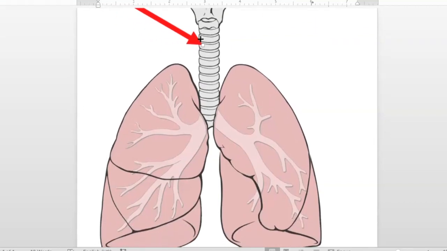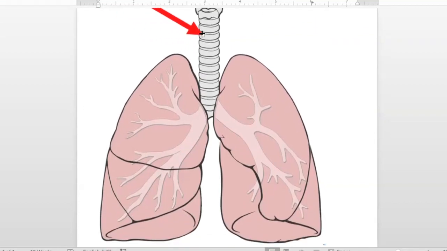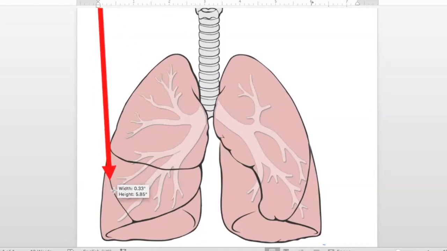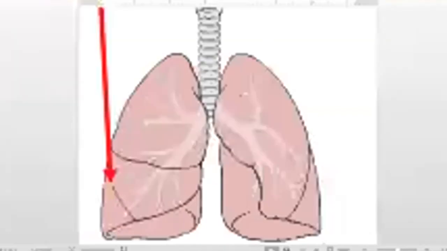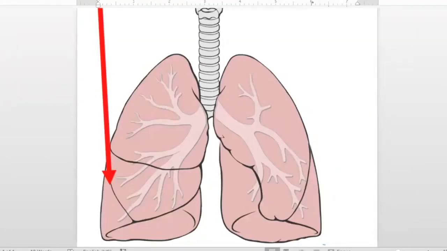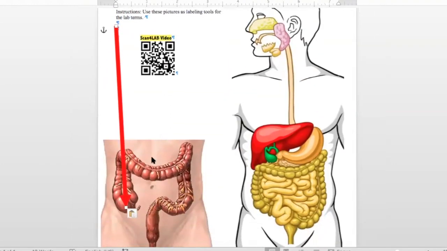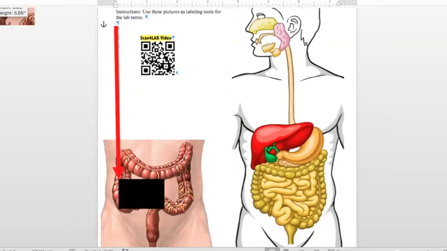Number 15, we're almost done. What is this line called here? Number 15, what is this line called there? And then we have 16. What is this part here of the intestine called?